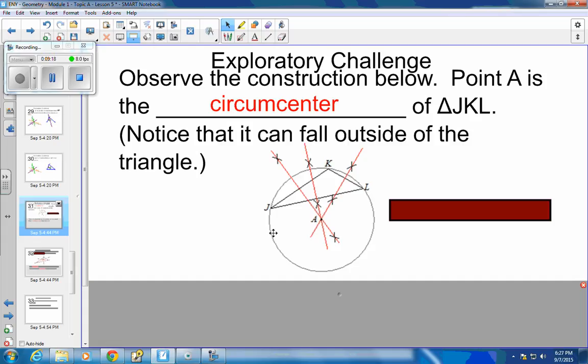And we call the outside of a circle circumference. Since this is a circumference, it's a circumcenter, and the circle is circumscribed around the outside of your triangle. So that circum is on the outside. So the circumcenter is the center of the circle that circumscribes around the outside of your triangle.